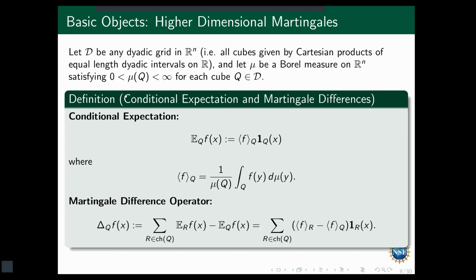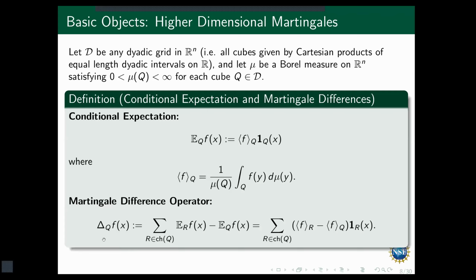And we can define some operators that are relevant in martingale theory and probability. So conditional expectation just means that we average f on the dyadic cube Q and multiply by the characteristic function of Q. And here the integral averaging is done with respect to the underlying measure mu.